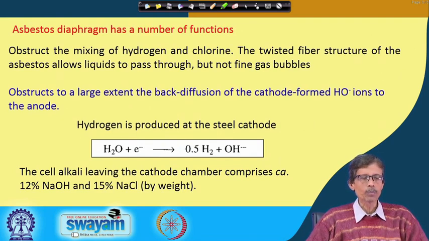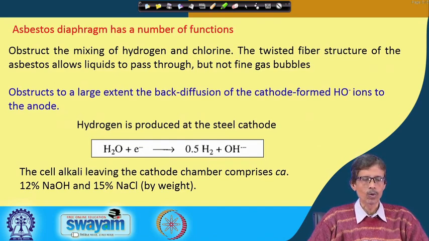When the production of chlorine and hydrogen is exhausted for a cycle, we take out the solution, which gives you the different percentages of sodium hydroxide and sodium chloride, and that will be utilized further for purification.